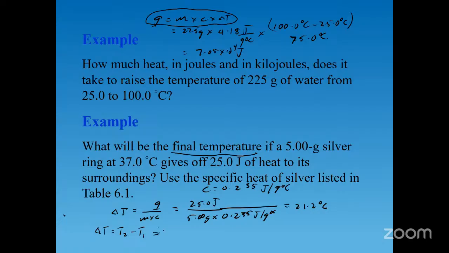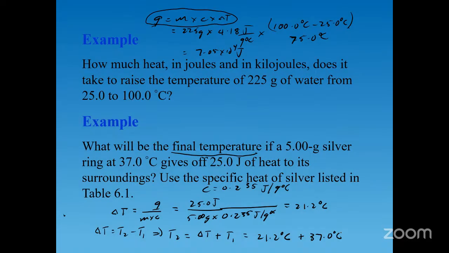So therefore, to find the final temperature, T2, that will be equal to delta T plus T1, right? So delta T is 21.2 degrees Celsius plus T1. What's the initial temperature? 37.0 degrees Celsius, right?